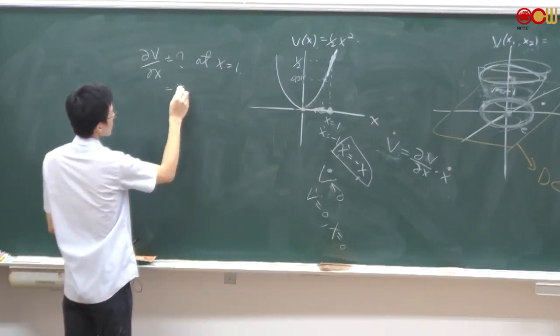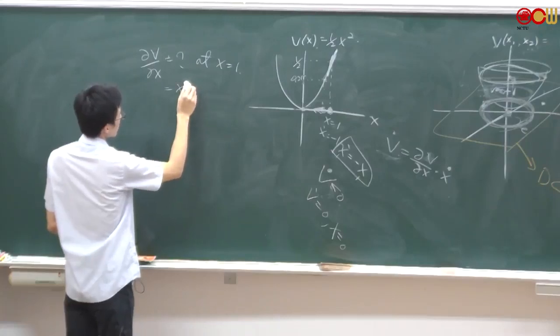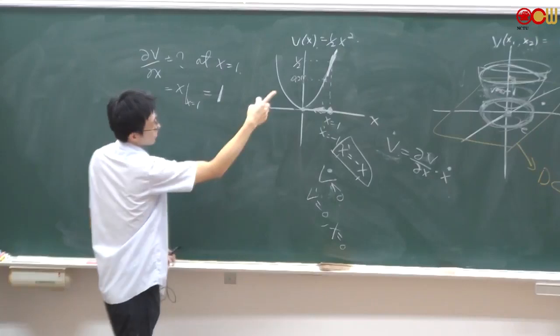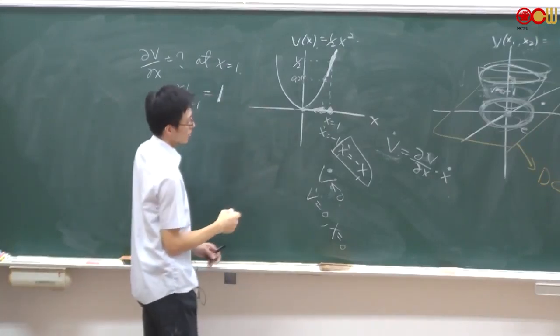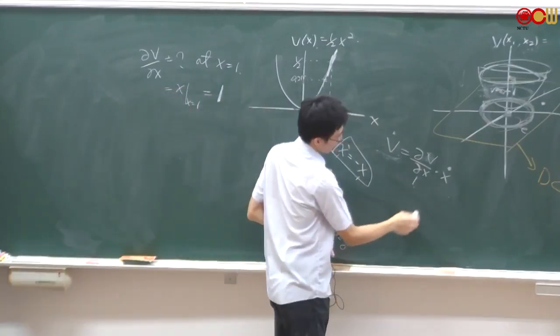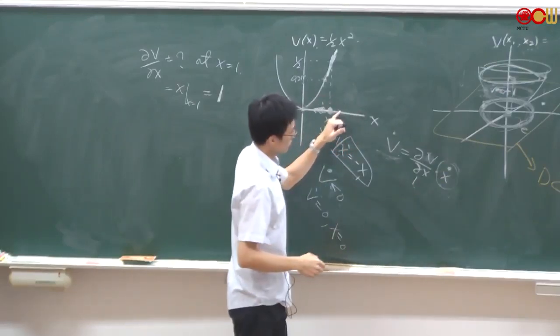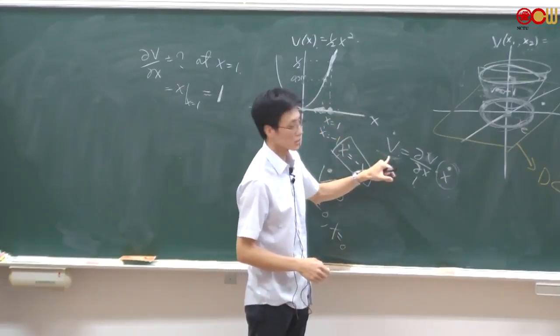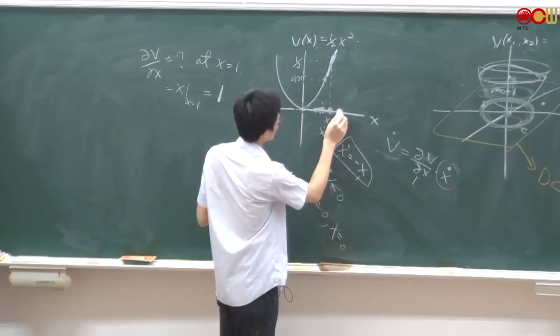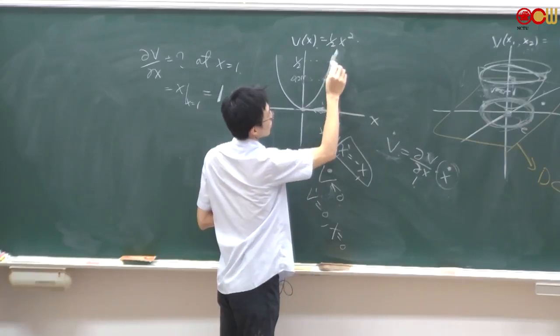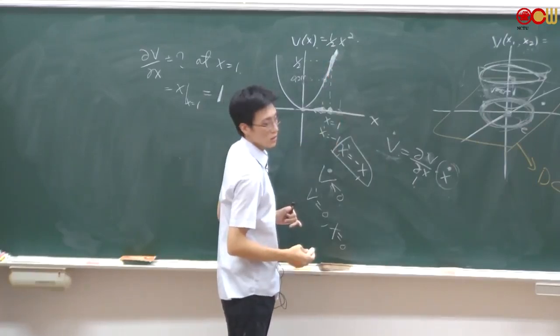The gradient of this is x, and substituting x equal to 1, it will be 1. The slope is 1. It's positive. If this is positive, moving to the right means it's positive. This guy will increase, because it moved to the right. Based on the slope, you will reach this value. So v will increase.